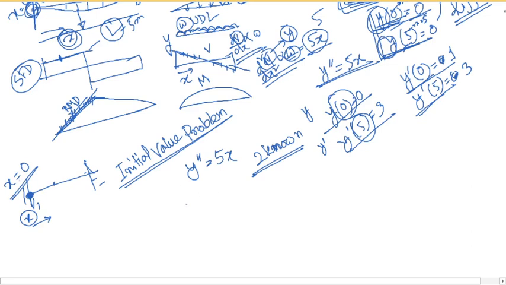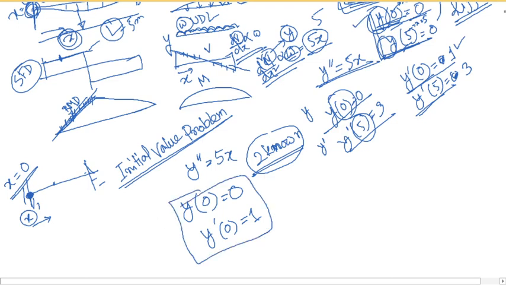For example, I will be needing two known values. So I will be giving y(0) equals 0, and I will be giving y prime(0) equals 1. So in this case, you see I have taken the values at just one point, the initial value point, that is x equals 0.